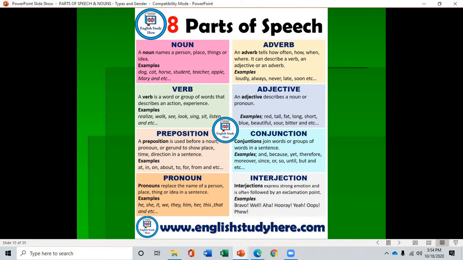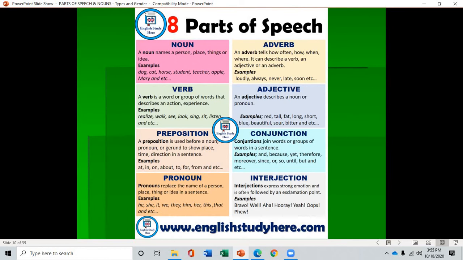Okay, next, let's go to conjunction. Yung conjunction, this is like a connector. All right? So conjunctions join words or group of words in a sentence. Like for example, we have and, because.